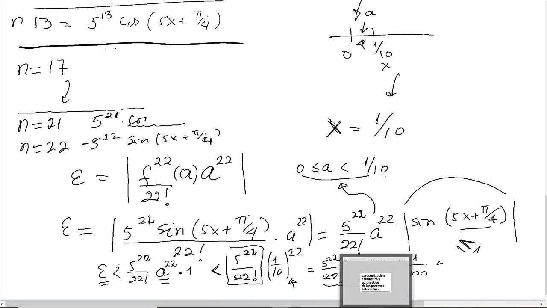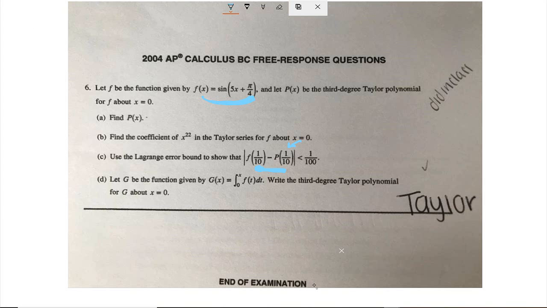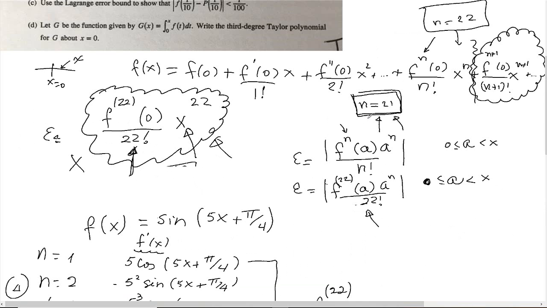Then, reviewing the question, I see here that they are using the third degree Taylor polynomial. When you use the third degree Taylor polynomial, the error is of order n plus 1. That's why I used the 22nd derivative. Then, when I go to 3, this is 4.